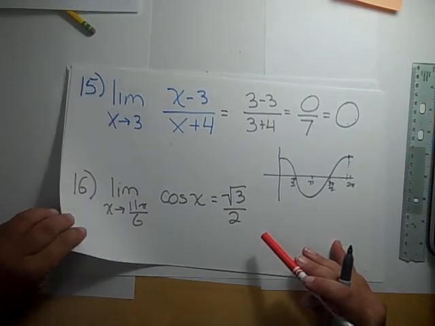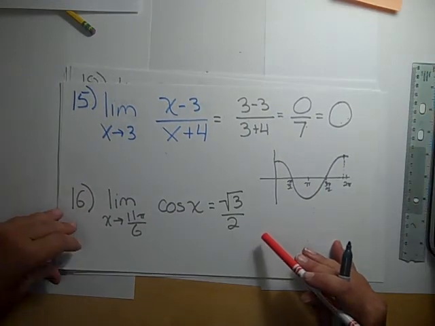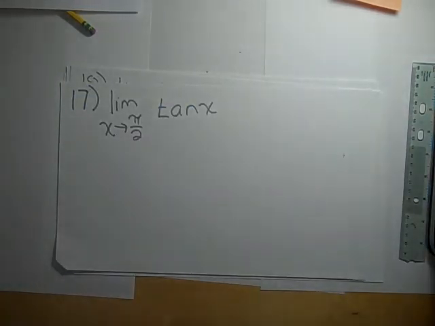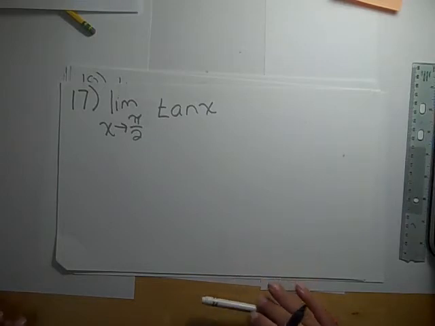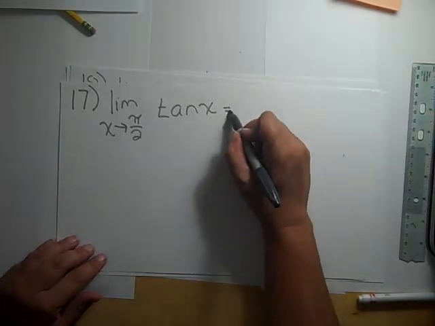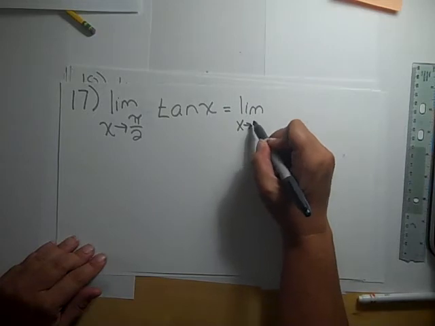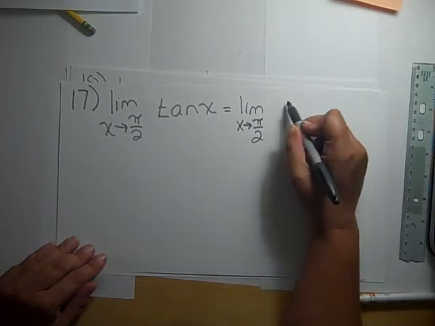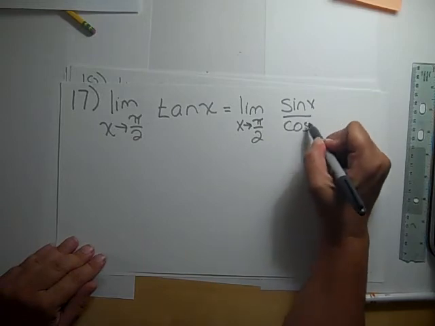And let's look at number 17. The limit as x approaches pi over 2 of tangent x. I'm kind of hoping that you just know this one. But on the off chance that you didn't, let's use our sine and cosine. So it'll be the limit as x approaches pi over 2 of sine x over cosine x.